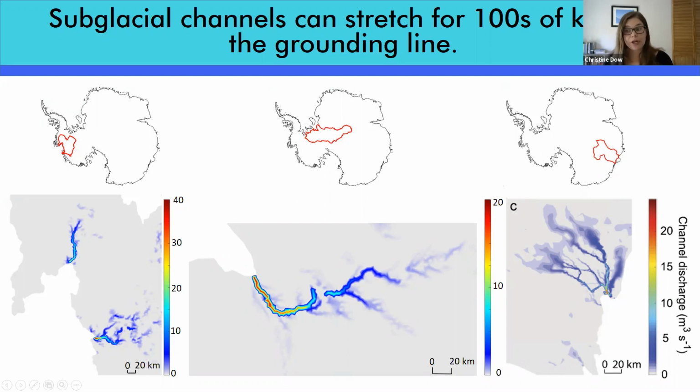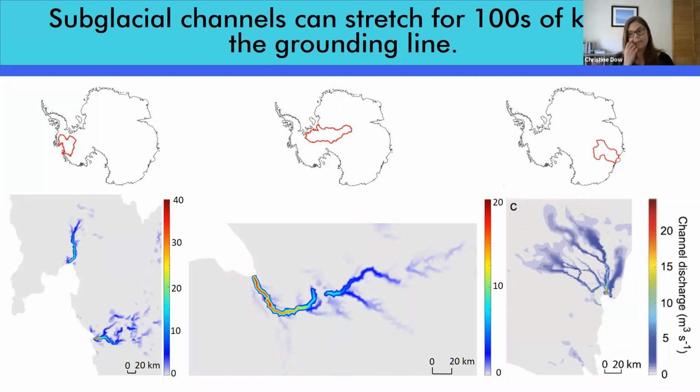So the first thing to point out here is how long these channels are. They're really long. We're talking hundreds of kilometers. Now, the reason that this is exciting is because when you look at systems like Greenland, you tend to have your channels limited to more of the 40-kilometer range. And the reason for that is because the channels growing in those areas are being driven by surface meltwater inputs. So if we don't have surface meltwater input higher in the system in Greenland, you can't seed channels and grow them.